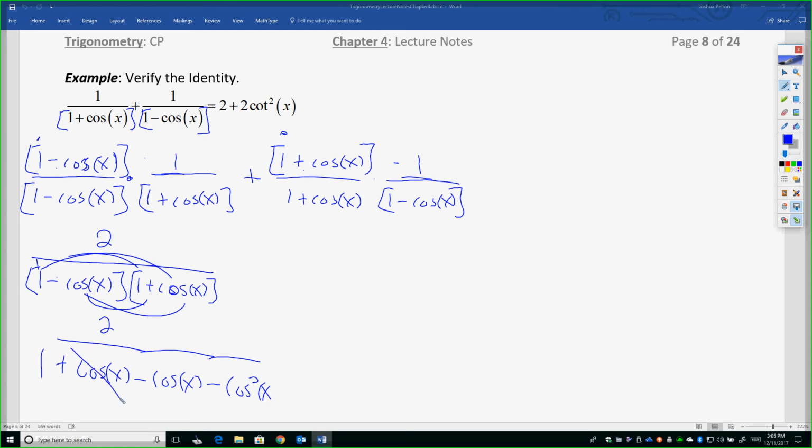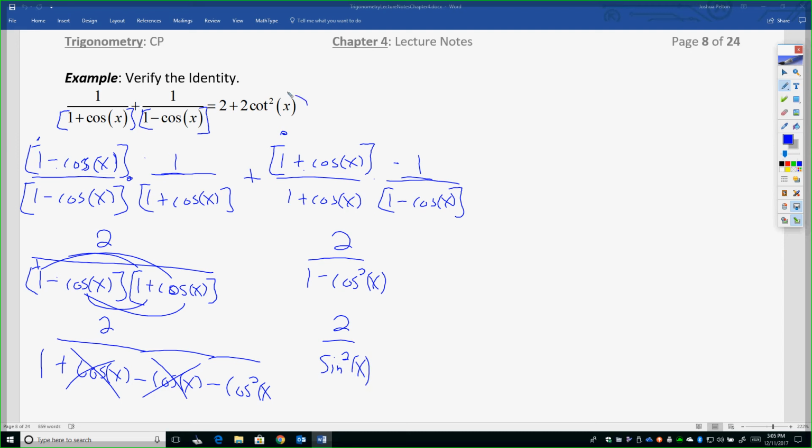So as a result, those cancel. I'm left with 2 over 1 minus cosine squared. And 1 minus cosine squared is the Pythagorean identity, so that's 2 over sine squared of x.